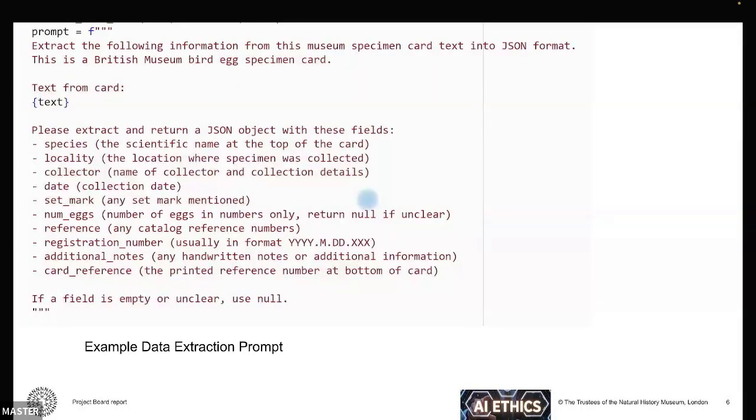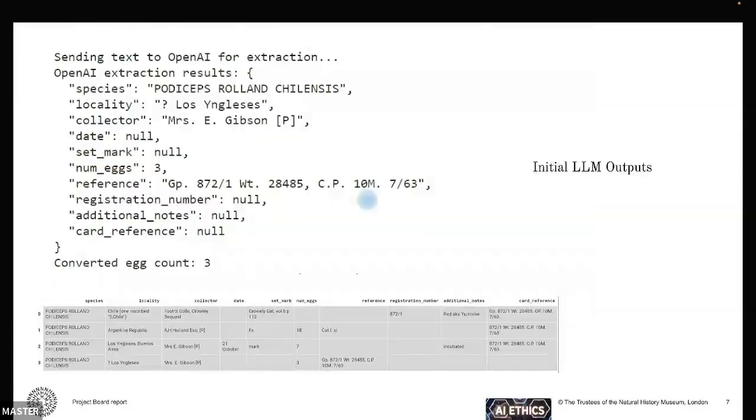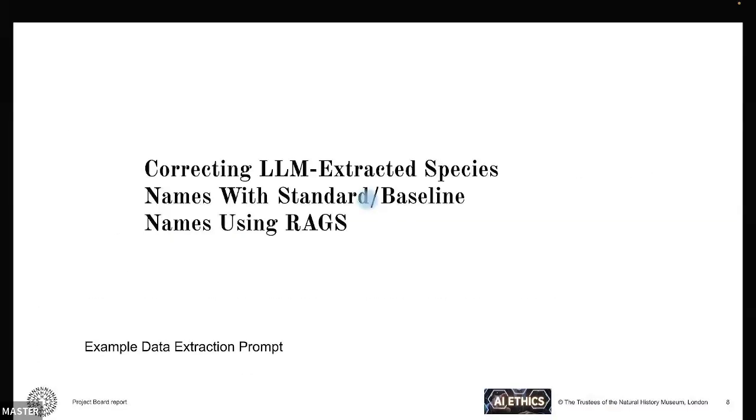This was an example data extraction prompt. We specify all the different labels on the cards and guide the prompt into doing what it needs to extract. And then these were the kind of data and information I received, including species name, locality, collector, and so forth. And these were the initial LLM outputs.